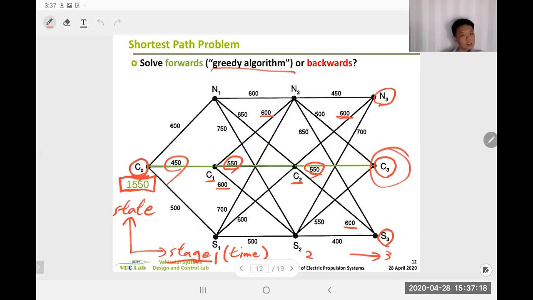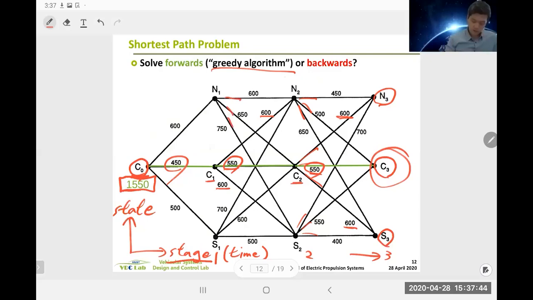27? I think it's more than that. For example, there's 1, 2, 3, 1, 2, 3, 1, 2, 3. Wait. It's not right. When I say combinations, it means all paths, all trajectories.